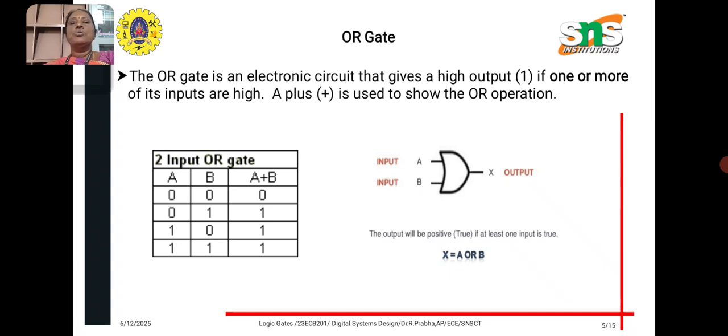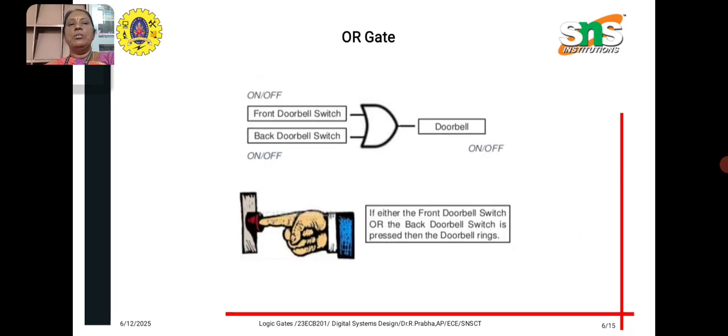According to our logic, if any one of the inputs is high, the output is high. It gives 0 value only if all the inputs are 0. The symbol is given at the right side. A and B are the inputs and X is the output, where X equals A OR B. An example for OR gate is the doorbell.